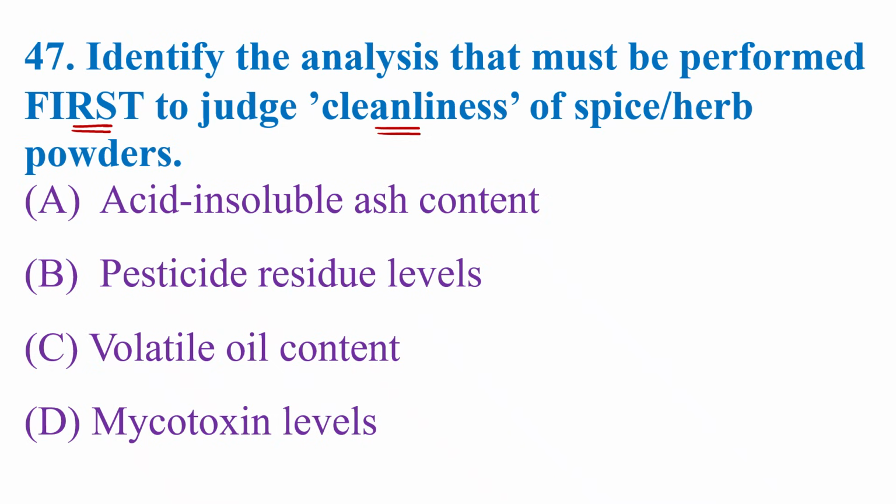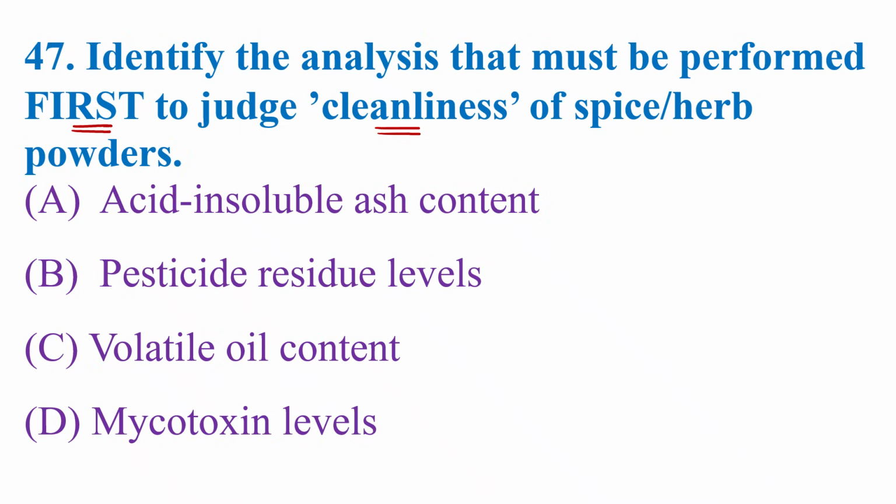So the first one, acid insoluble ash, measures the fraction of ash that does not dissolve in the acid. This largely represents silica, or we can say sand. So it is the first and the simplest test, which judges the physical cleanliness.